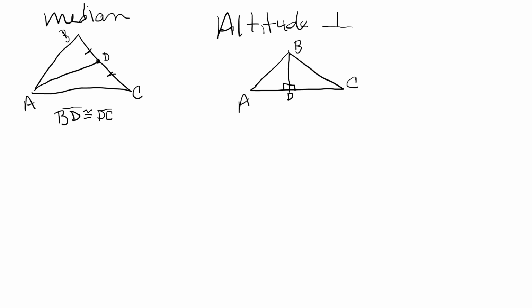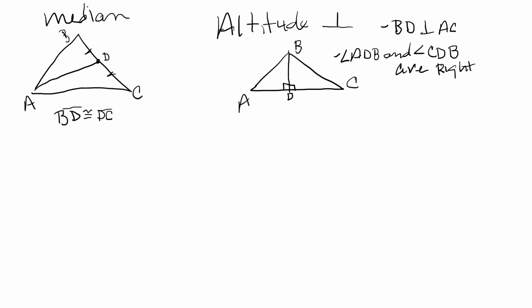So if that's an altitude, then what I know is that angle ADB and angle CDB are right angles. And really, I should know first that BD is perpendicular to AC. Okay, so those two things.